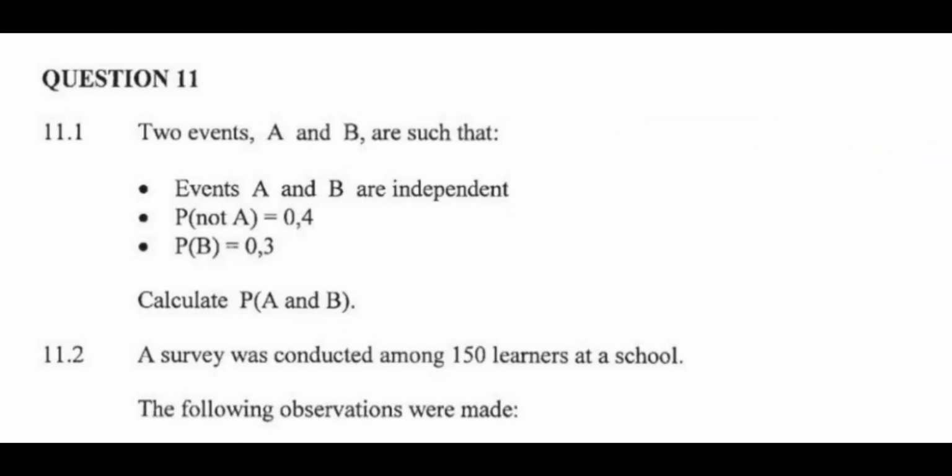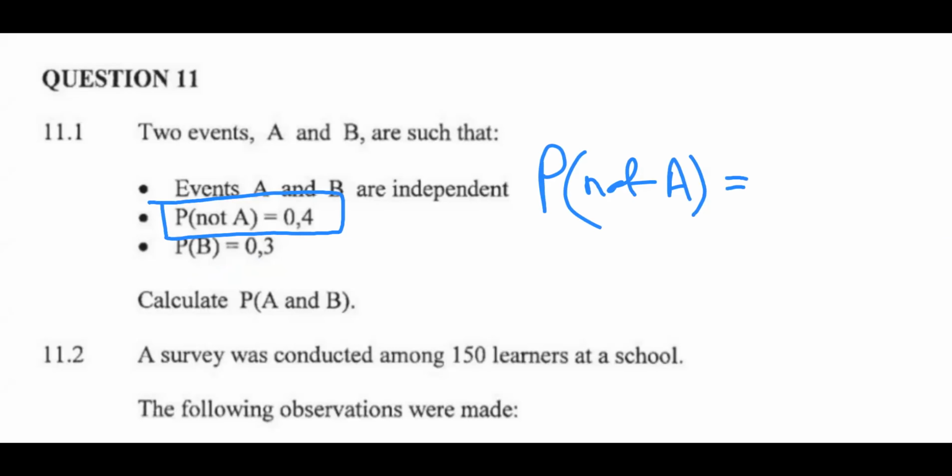Okay, so here, the probability of event not A. There we go. So the probability of not A is equal to 1 minus the probability of event A, because this one represents 100%.